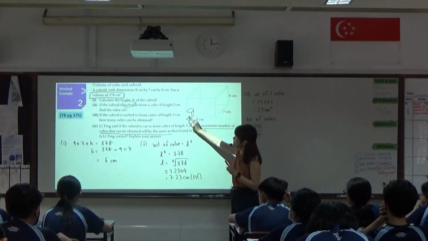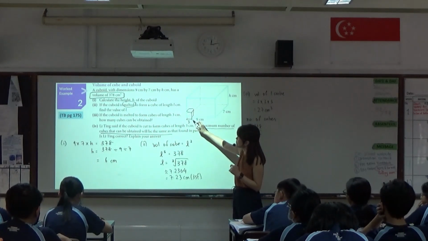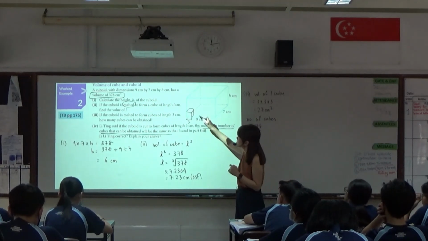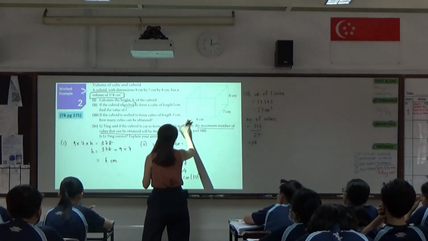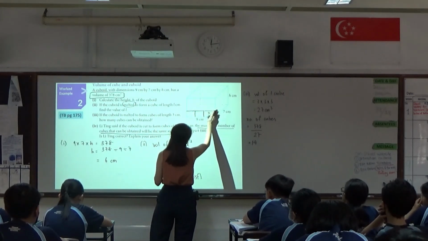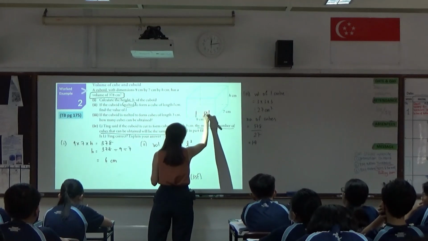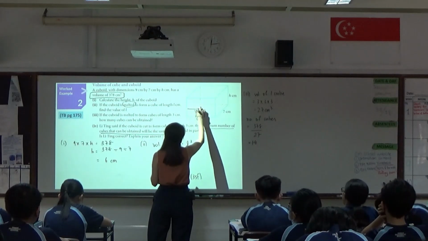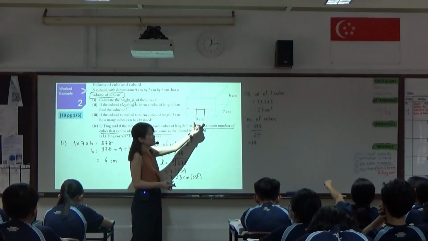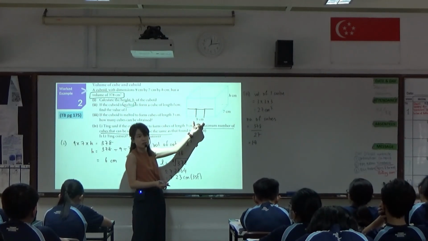So if I'm going to cut out 3 cm sides, along the 9 cm side, that means along one side I can at most get 3, because 9 divided by 3.